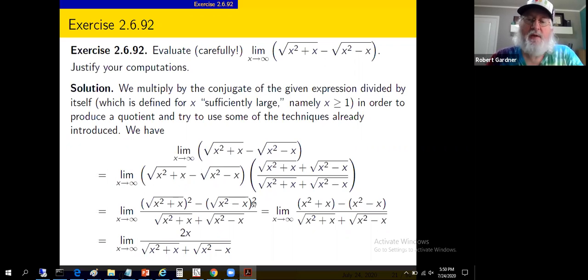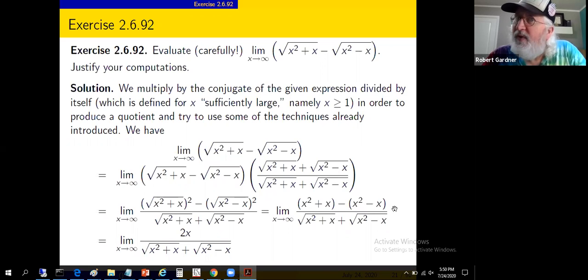That's why we did this stuff with the square roots. In the denominator, we're just stuck with whatever it is we've introduced. But in the numerator, we'll get rid of some square roots. We get the square root of quantity squared in both cases, so we can drop the square roots. We're left with x squared plus x minus x squared minus x.